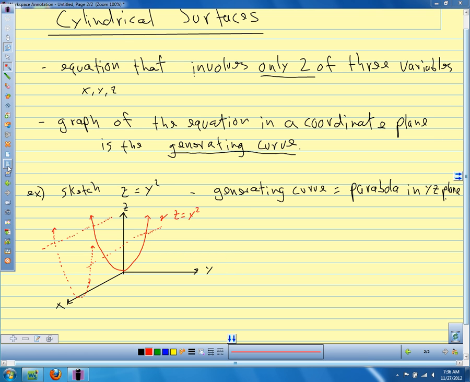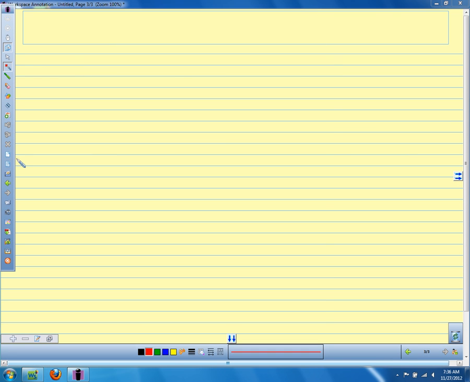All right. Let's look at another example just to help us visualize these a little bit. Z, we want to sketch, and this is what I mean by we're going to be graphing, is we're sketching these graphs.